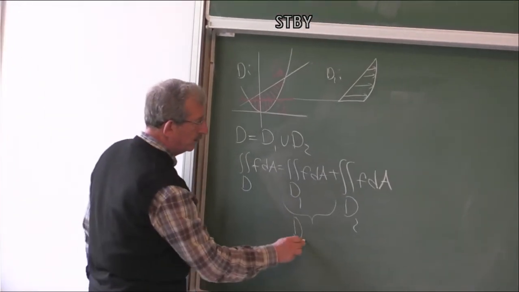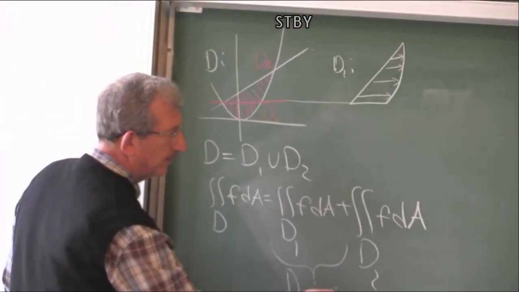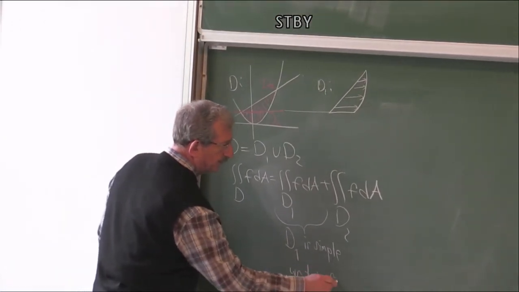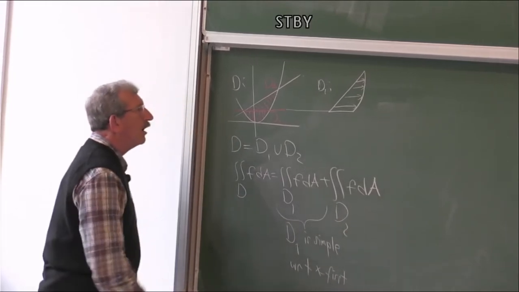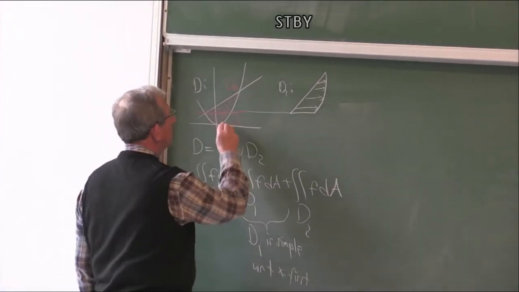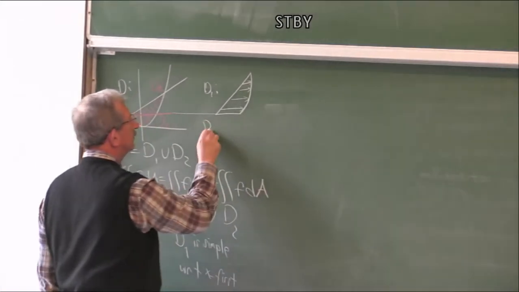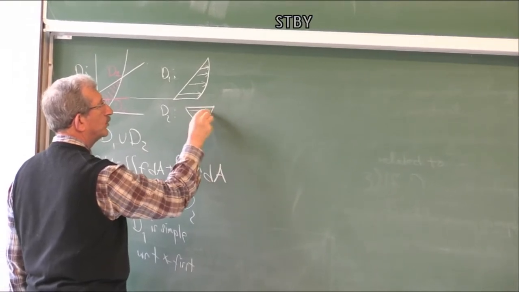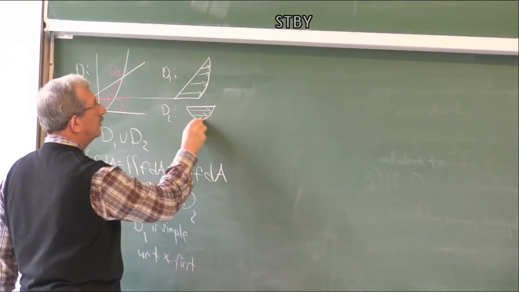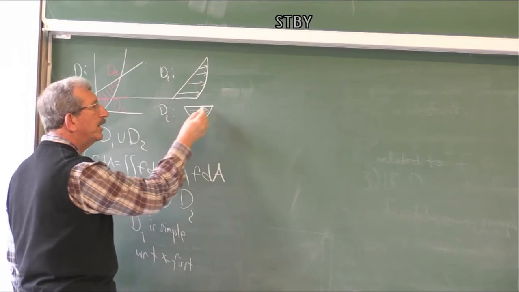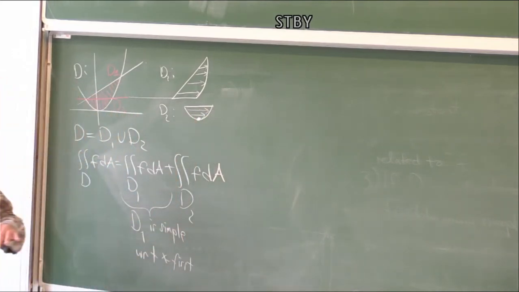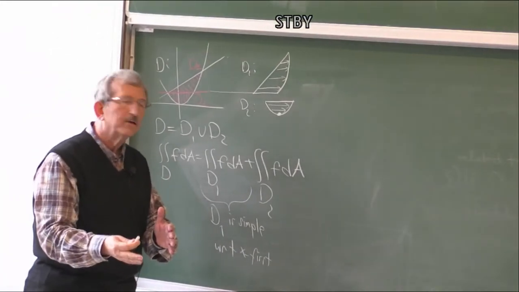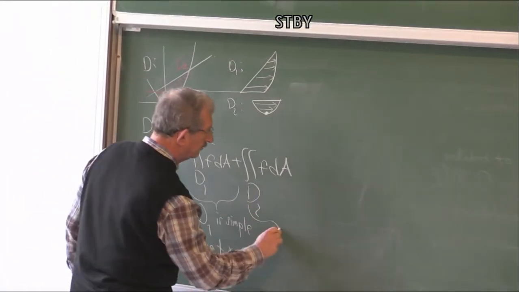So, D1 is now simple with respect to x first. Now, if we look at D2, D2 is something like this. And of course, in the x direction, you start from the left branch and leave from the right branch. Well, there is only one curve at the beginning and at the end. So this is again a simple region.